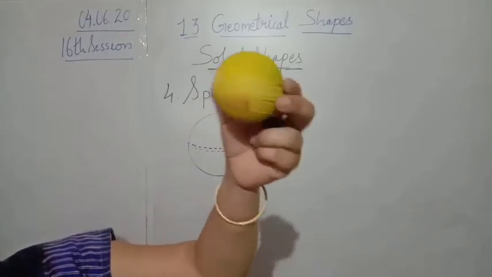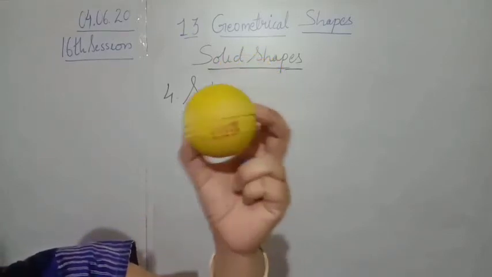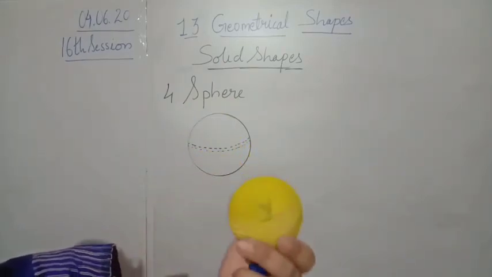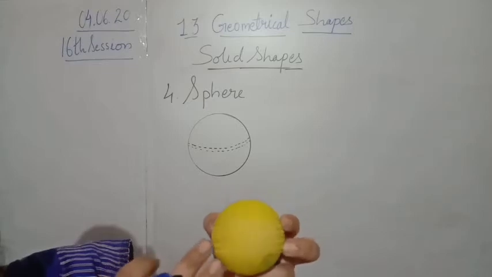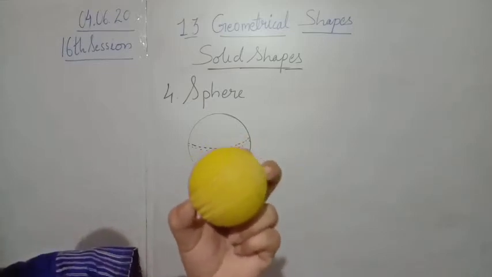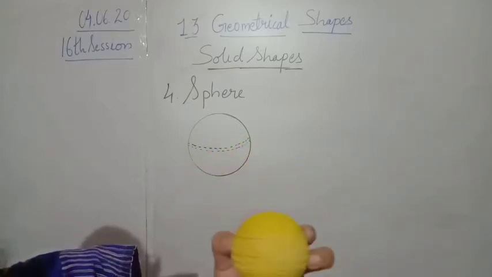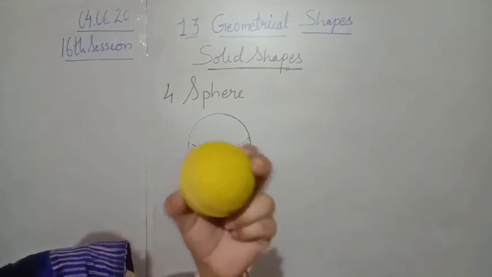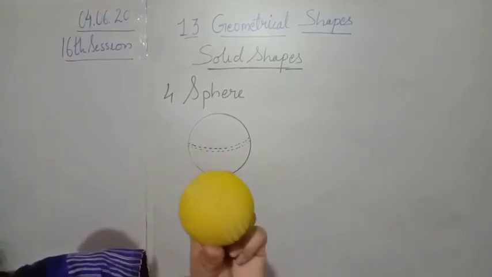Clear? This is the shape of sphere. The examples of sphere are any type of ball. Football, basketball, any type of ball, circular things, which have only one curved face.